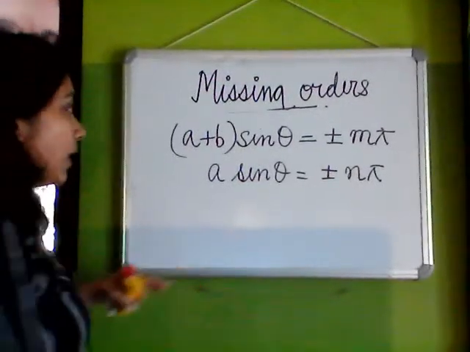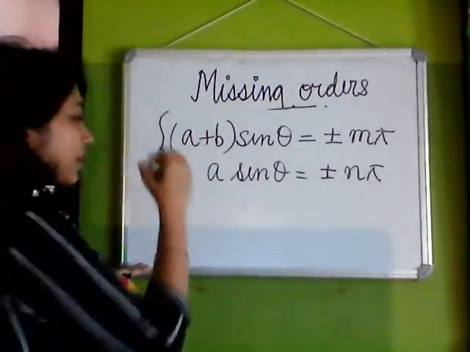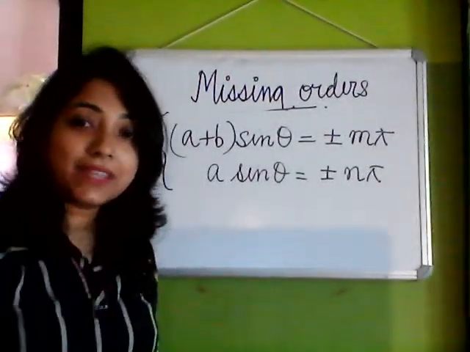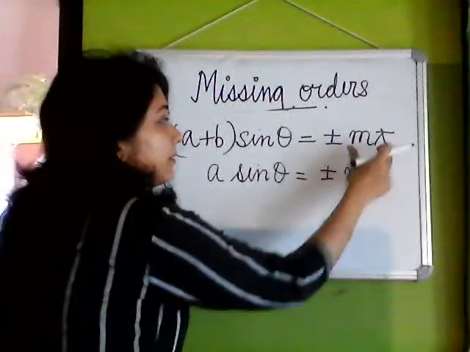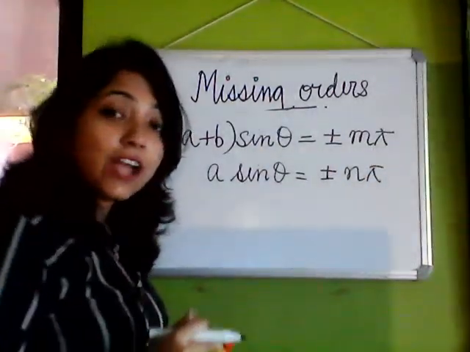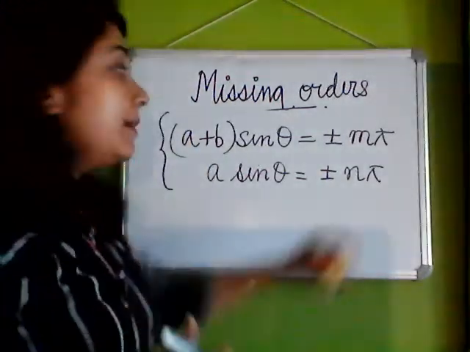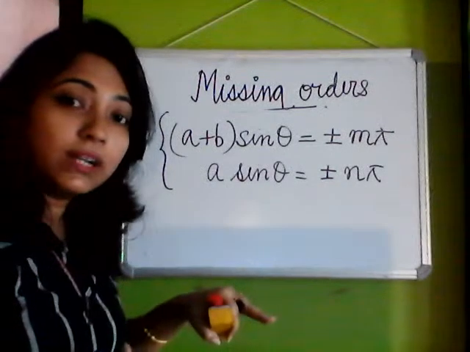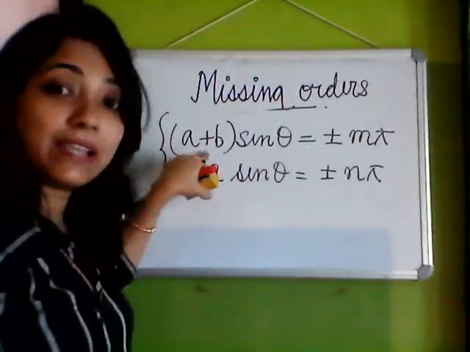Isn't it? So, these two conditions are occurring at the same place on the screen, right? For the same m is equal to 1, n is equal to 1, in this scenario, what are we going to get? The diffraction minima is going to overpower the interference maxima.